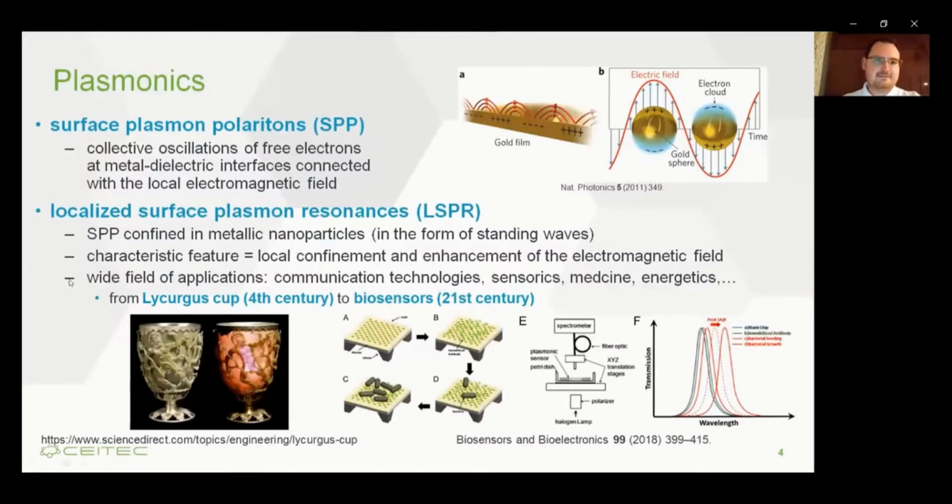They have a wide field of applications, for example, in communication technologies, sensorics, medicine, energetics, and it can be illustrated by a microscope coming from the 4th century, or by biosensors, which are a typical example from the 21st century.